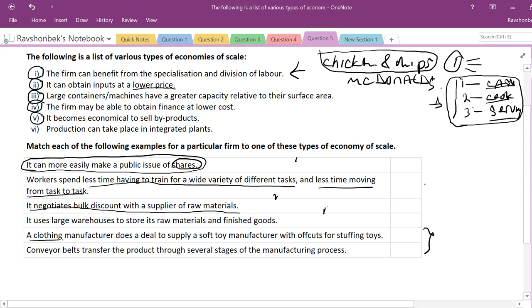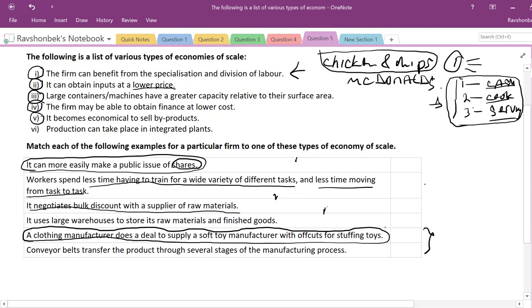In this case, a clothing manufacturer does a deal to supply a soft toy manufacturer with offcuts for stuffed toys. You see, if you have a clothing manufacturing business and you are small, then your offcuts are a small amount as well. So no one would be interested in buying them. There's probably not enough for a toy manufacturer.